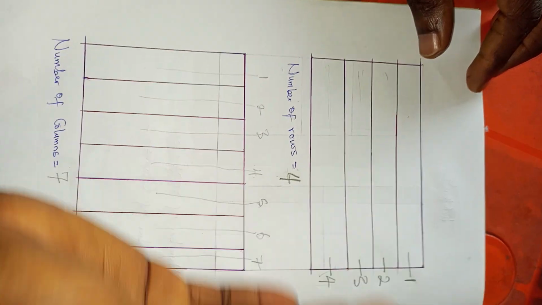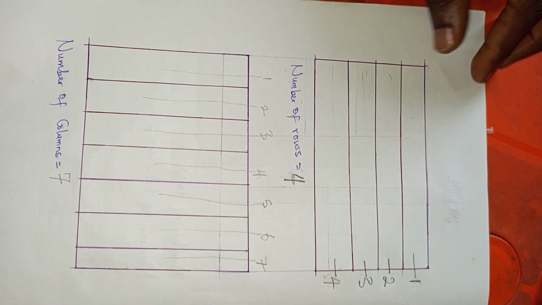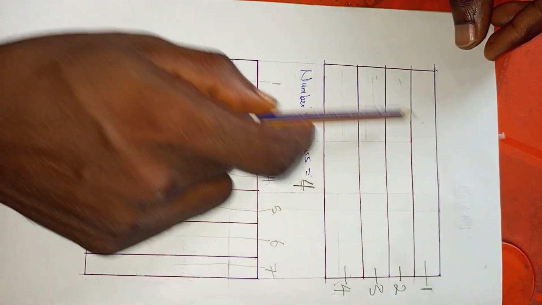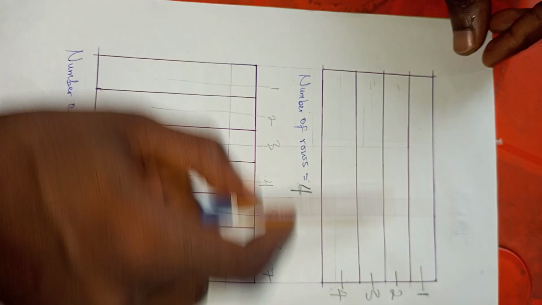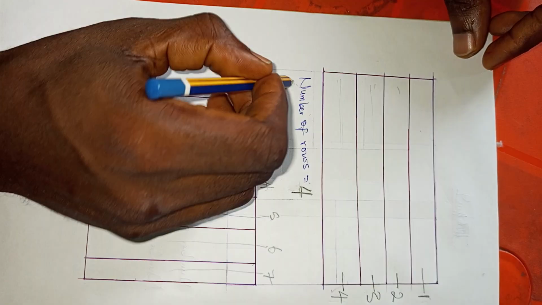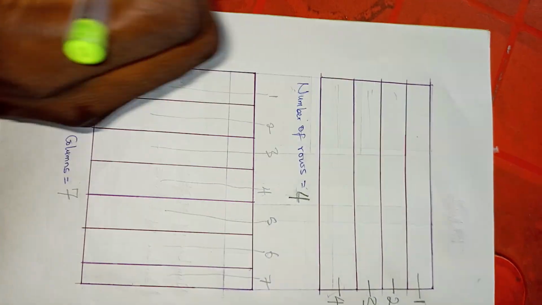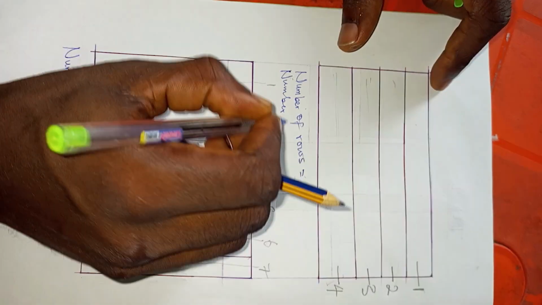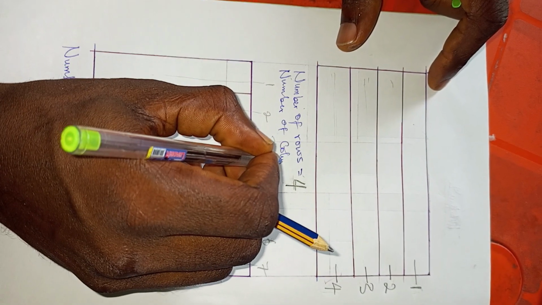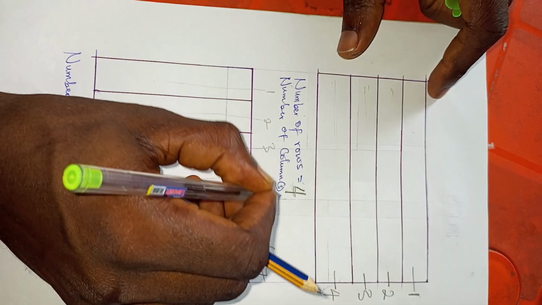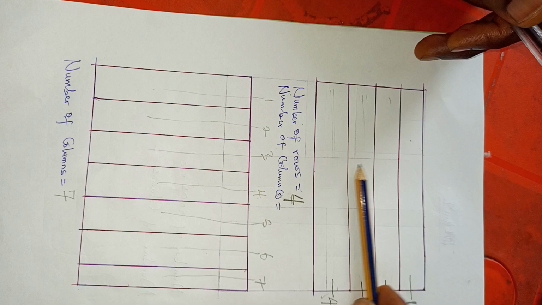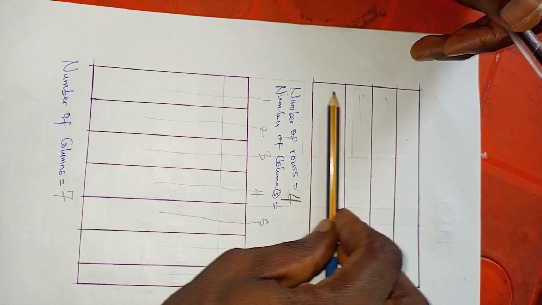And then I used this to show you an example of how you can count your columns and your rows. So for your number of rows here, you have one, two, three, four. If you are asked to write the number of columns for this, the number of columns here is just one, because you have just one vertical space.